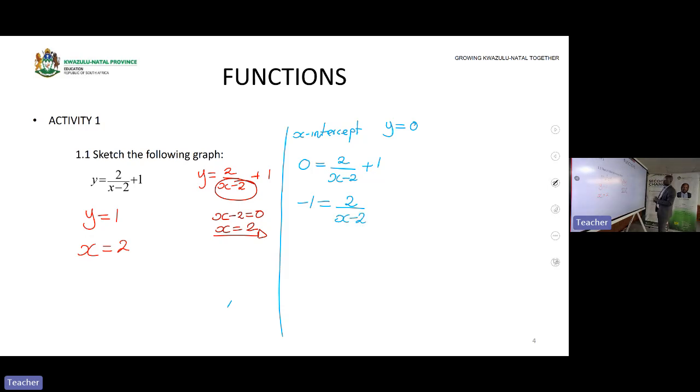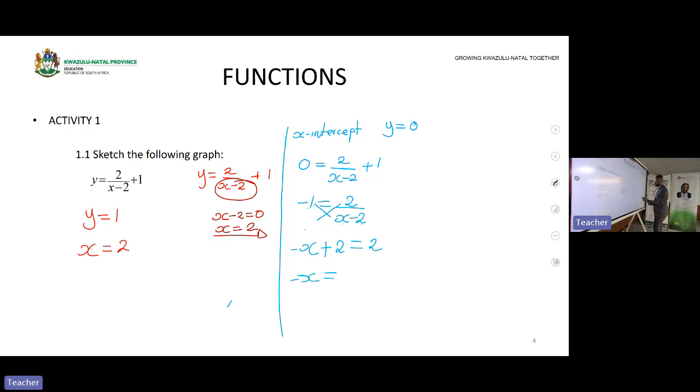Then we cross multiply because we want to find the value of x. So -1 times x gives us -x. Then -1 multiplied by -2 gives us +2, which equals 2 multiplied by 1, which is 2 again. We are left with -x plus 2 equals 2.